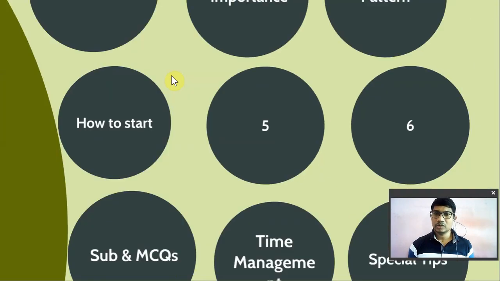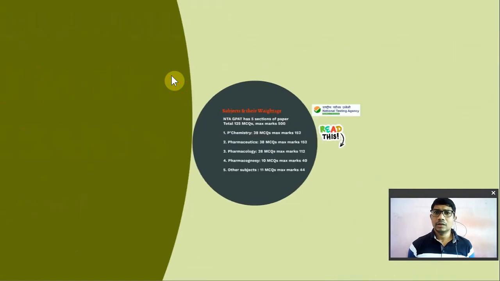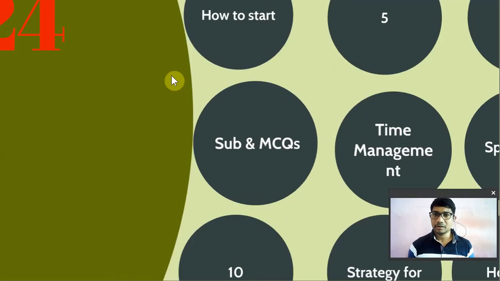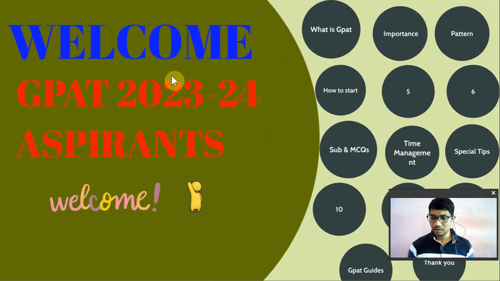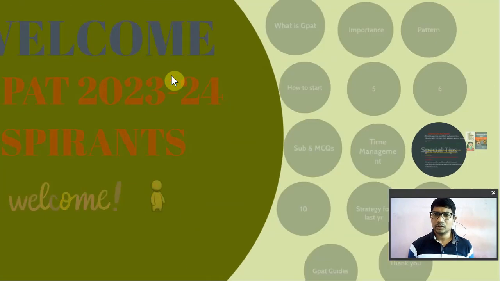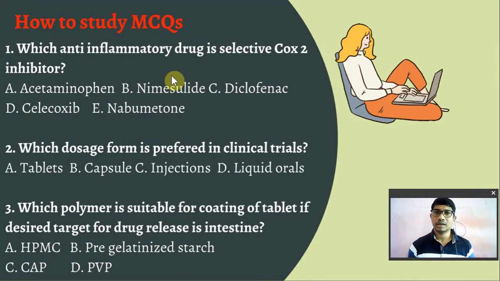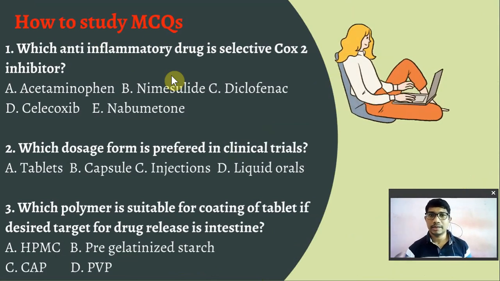We have also seen the different sections of your GPAT paper, and how many questions they are going to ask from these different sections. We have also seen time management and special tips for the exam, and now today we are going to see part second of that. So here is part second: how to study MCQs.